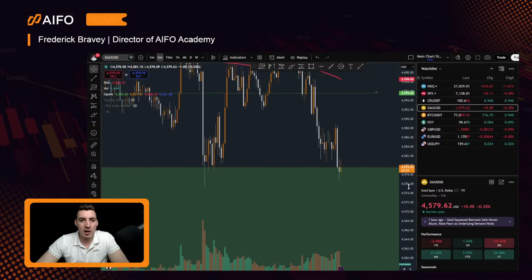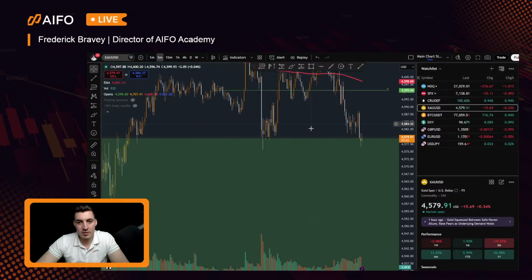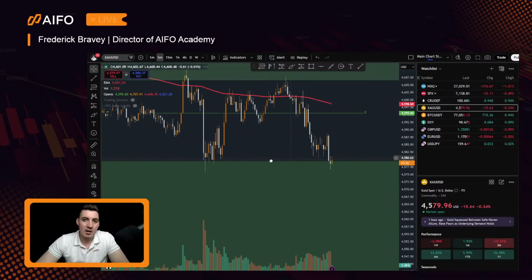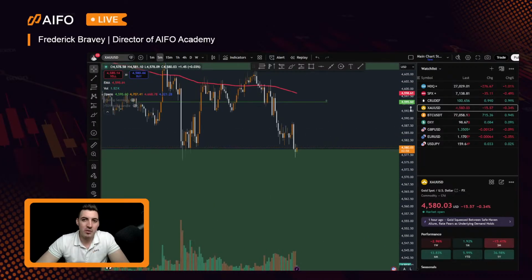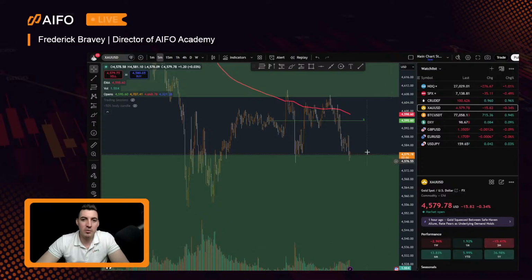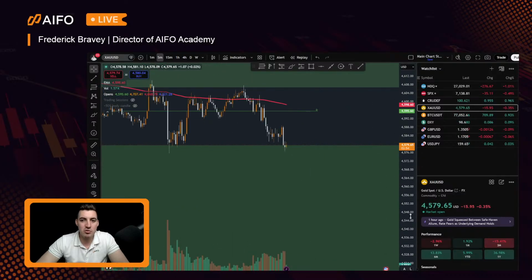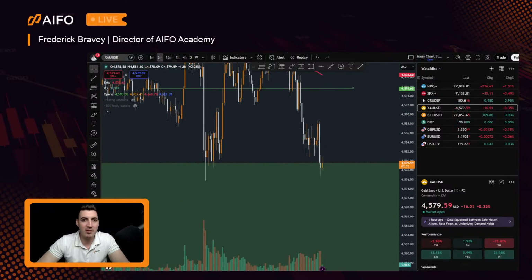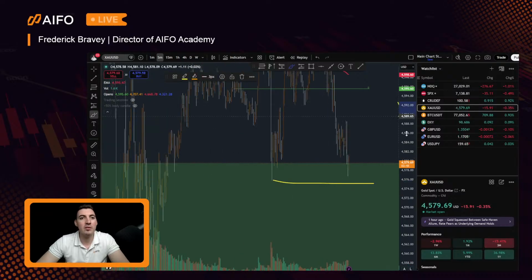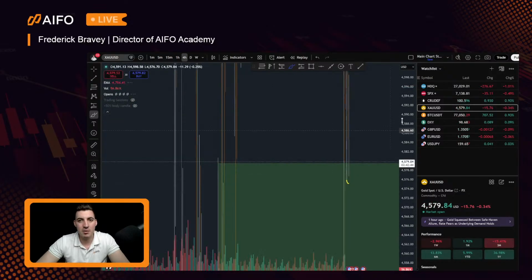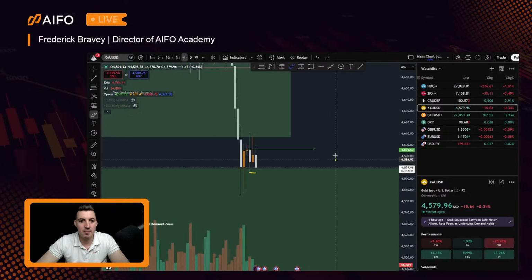How are we doing? I think if gold was going to continue down, we would have seen a really strong amount of momentum breaking through this low. So again, this is why I wouldn't be shorting at this point in time. Let me just jump over to the 4-hour frame.